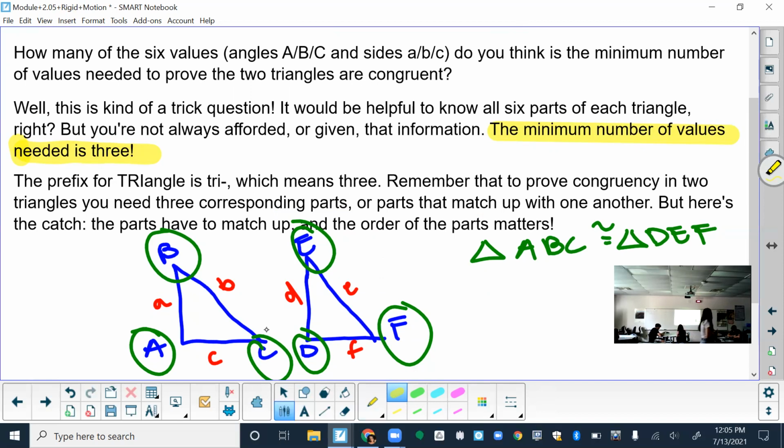I could have all the side measurements to prove that they're congruent. As long as I have 3, then I can prove that they're congruent. So the parts do have to match up and the order of the parts does matter. Questions?